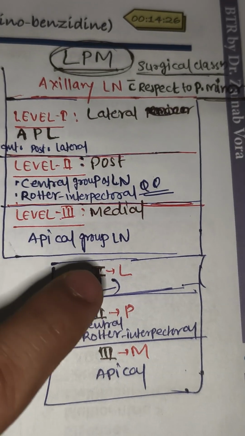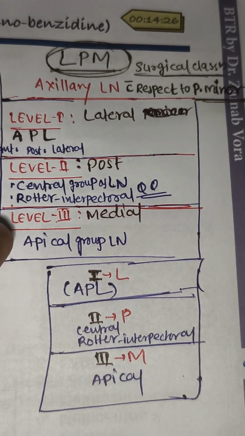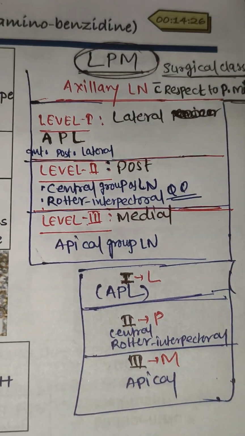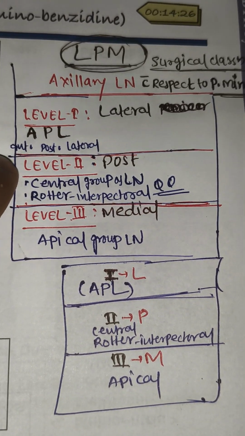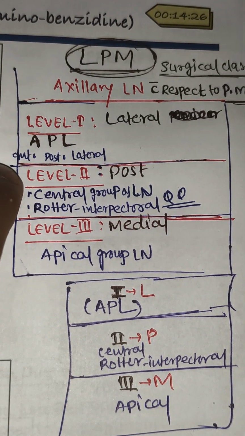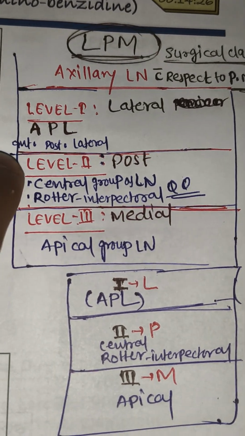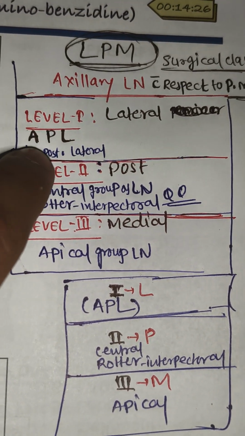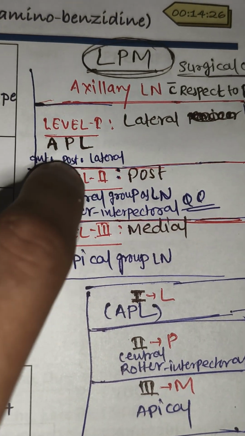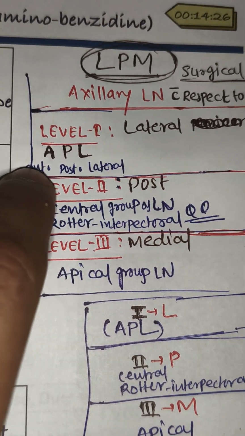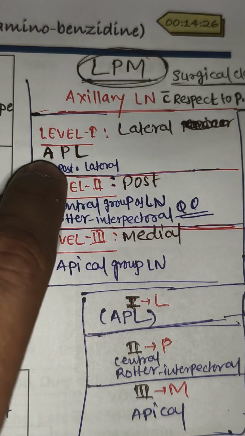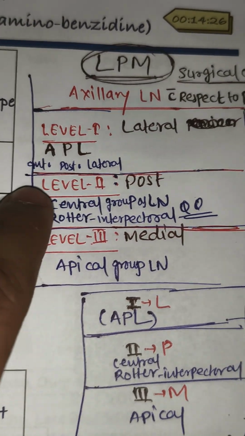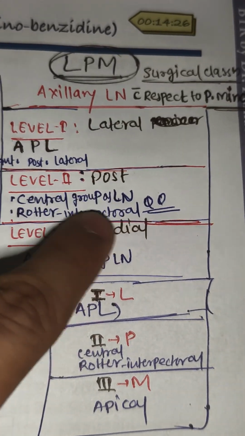So LPM is the trick. Level 1 is lateral, level 2 is posterior, level 3 is medial to the pectoralis minor. And in level 1, which lymph nodes are involved? We can say IPL, also APL: anterior, posterior, lateral.